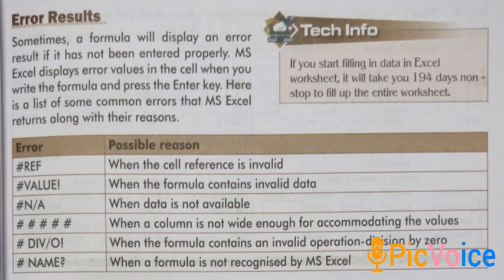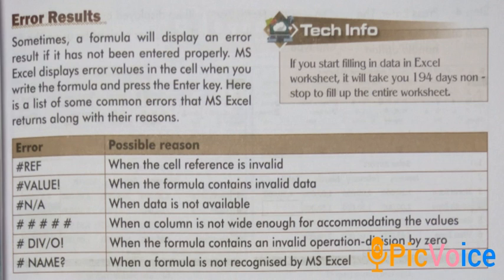Error, possible reason: #REF! when the cell reference is invalid. #VALUE! when the formula contains invalid data. #N/A when data is not available.